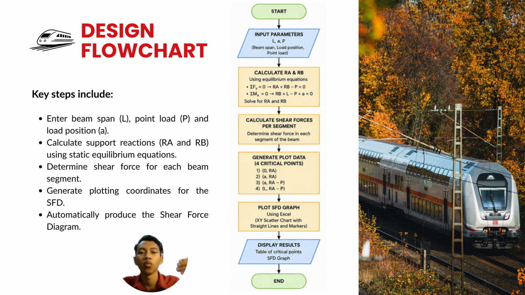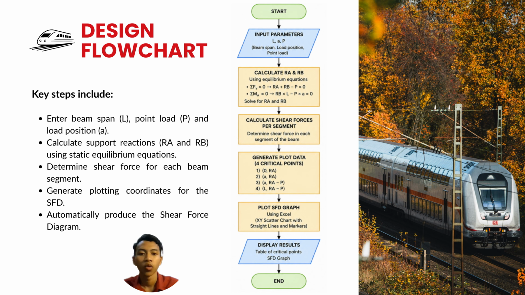So let's start. We start from the start, and next we input the parameters, which are L, A, and P. L refers to beam span, A refers to load position, and P refers to point load. Next, we move into the process. We calculate RA and RB, which are reaction A and reaction B, by using the equilibrium equation.